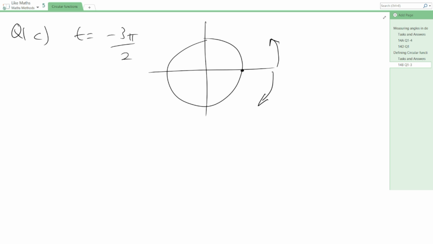Anyway, let's see how this comes out. We saw before that 3 pi over 2 gets us 3/4 of the way around. So from here, if we go around 3/4 of the way, it'll be round to here. Which isn't right.